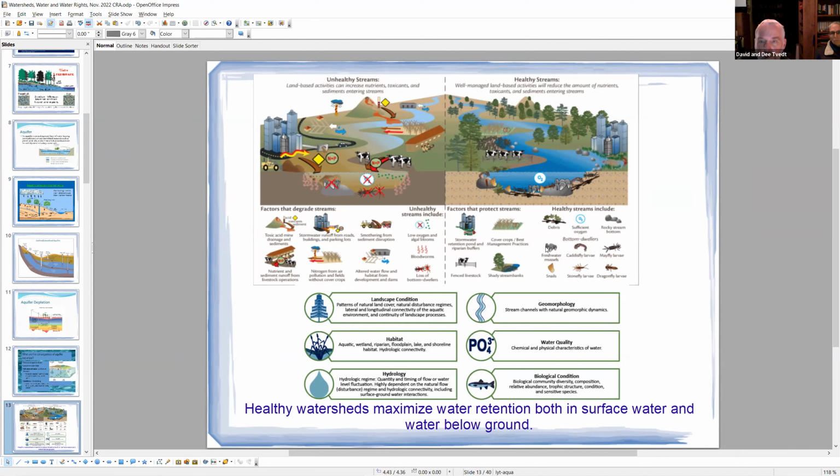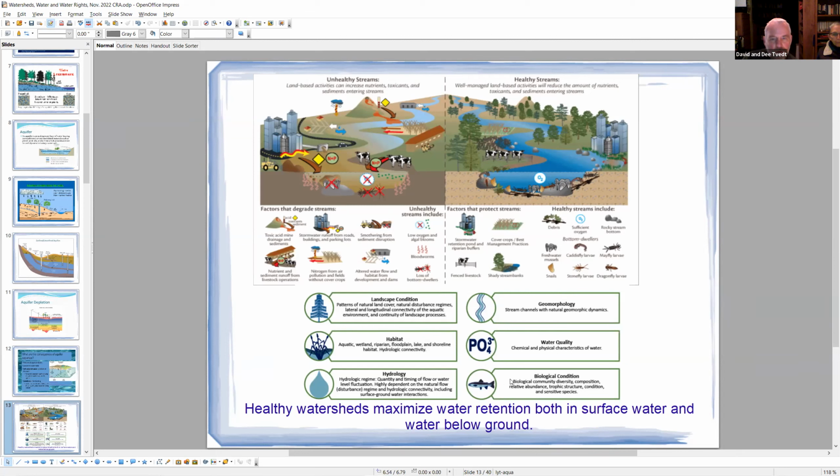And over here on the healthy side, just a lot of critters that are native or natural to the stream, and are able to live because the water quality is good enough. And right down below just covers some of the ways that watersheds are looked at for how healthy they are. Say for biological conditions, there's a balance of different, they call it trophic structures, which are basically different levels of fish life and aquatic life, some predators, some prey, and so forth.